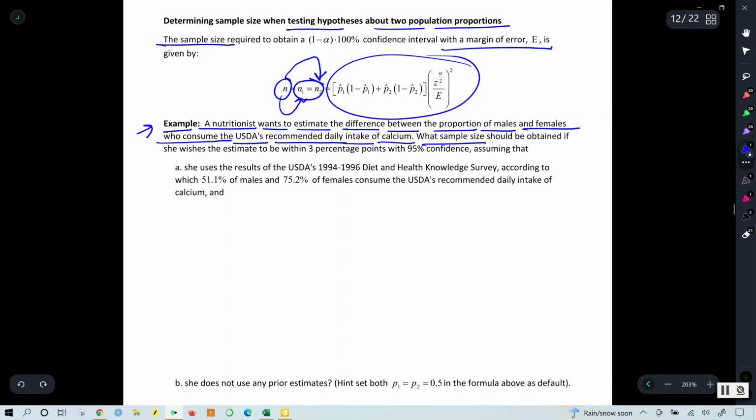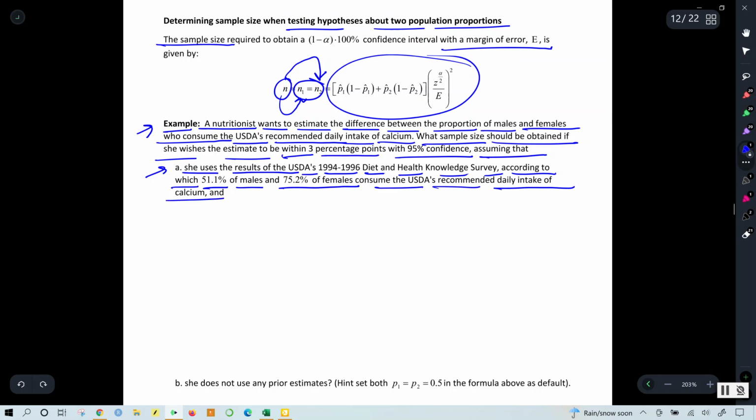What sample size should be obtained if she wishes the estimate to be within 3 percentage points with 95% confidence, assuming that A, she assumes that the results of the USDA's 1994-1996 Diet and Health Knowledge Survey, according to which 51.1% of males and 72.5% of females consume the USDA's recommended daily intake of calcium. And that will be the second question, but we'll get to that in a little bit.